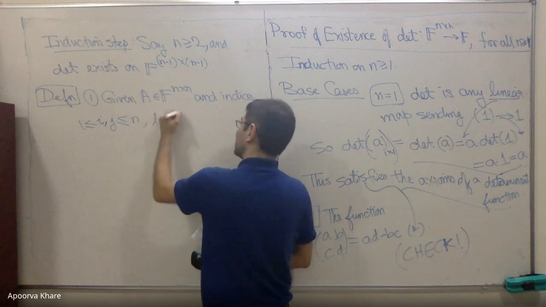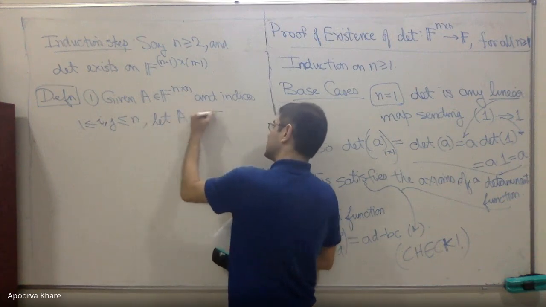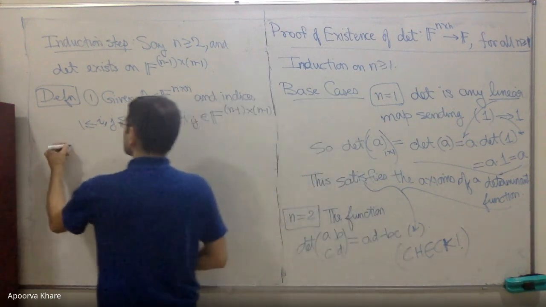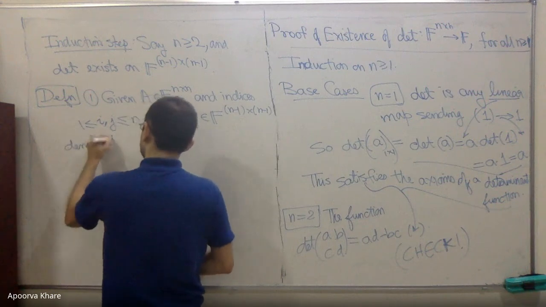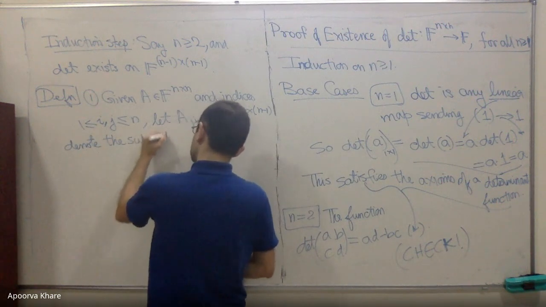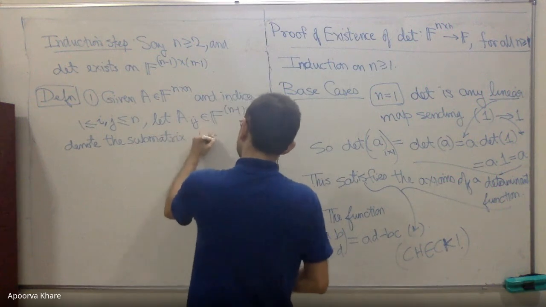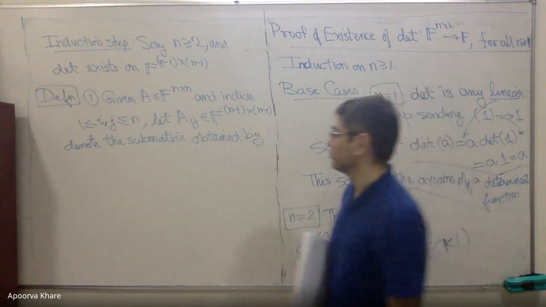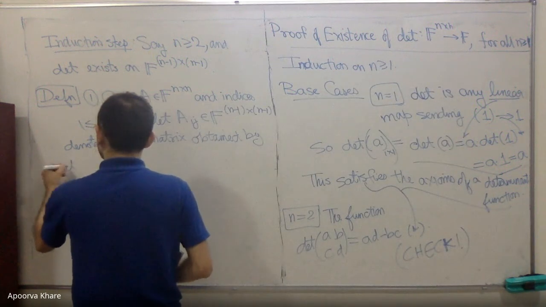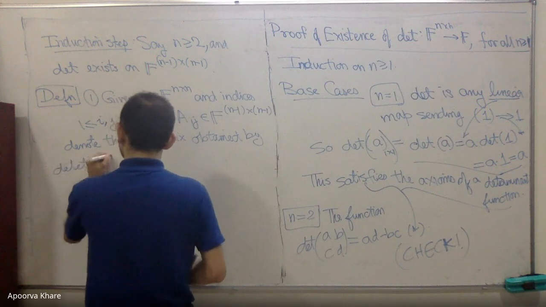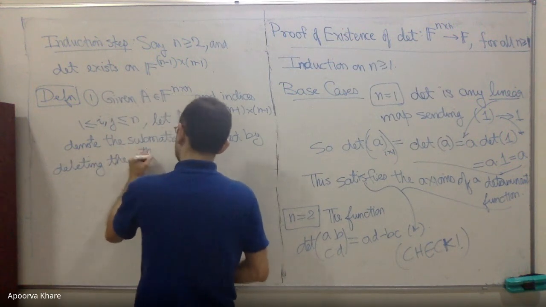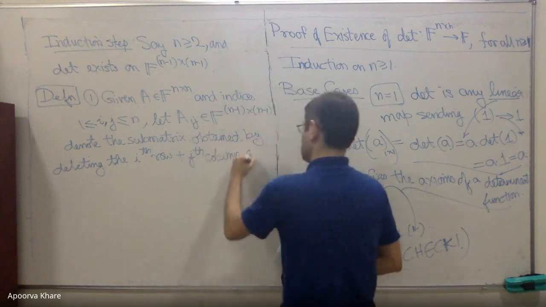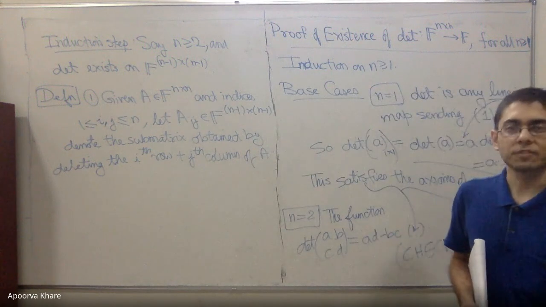Let A_ij denote the submatrix, where you first of all say that the size is 1 smaller, obtained by deleting the ith row and the jth column from A. So I'm just defining these submatrices.